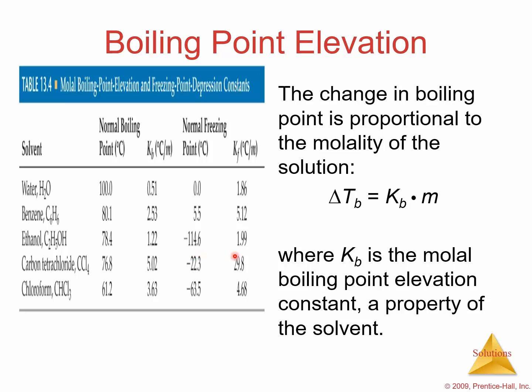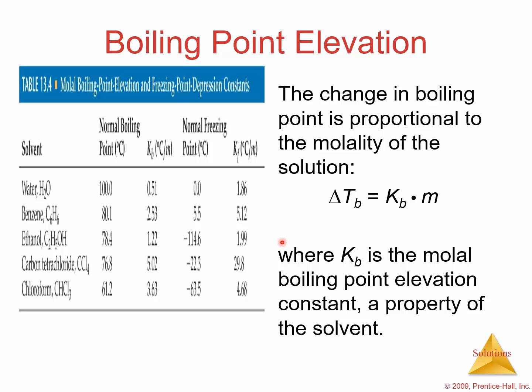But if you have, for example, an electrolyte solution like NaCl, a 1 molal aqueous solution of NaCl is 1 molal in Na plus and 1 molal in Cl minus, making it 2 molal in total solute particles.